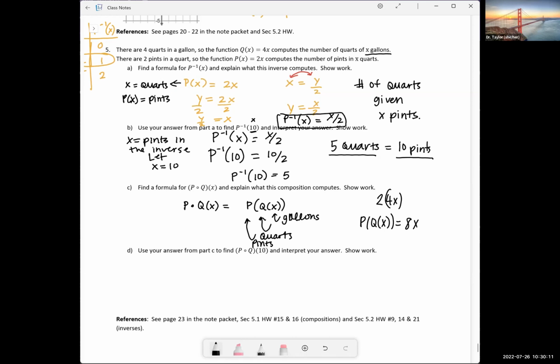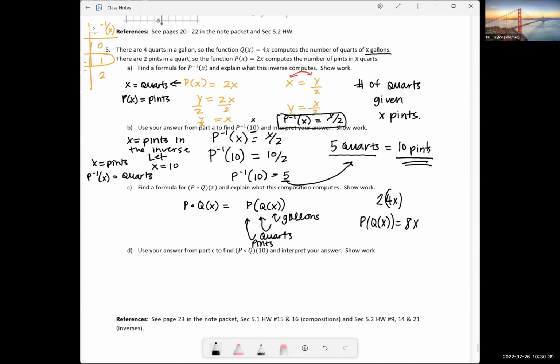But when we switch it for the inverse, X is pints, and our inverse of X is now quarts. So when we're putting in 10 pints and we come out with an output, that output represents how many quarts there are. So basically the X and the Y switch from what the original function was representing.